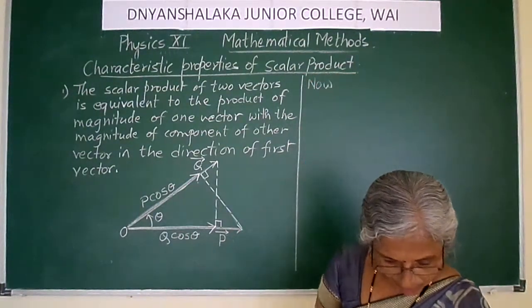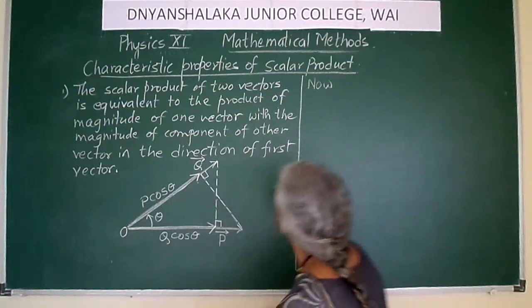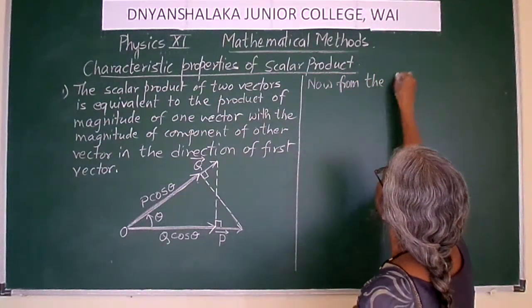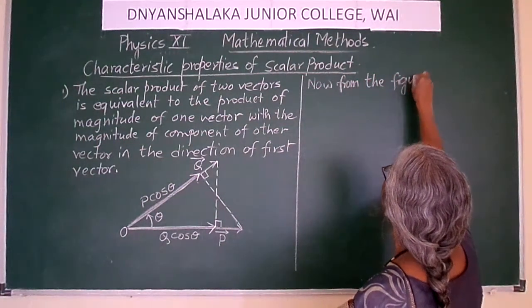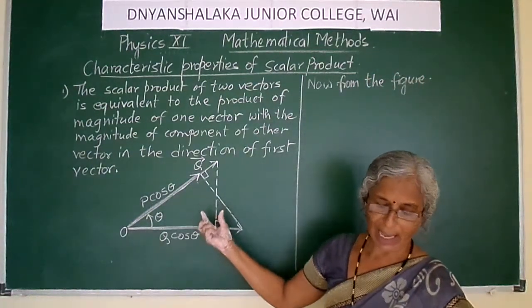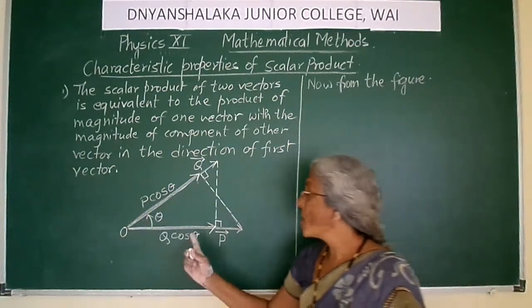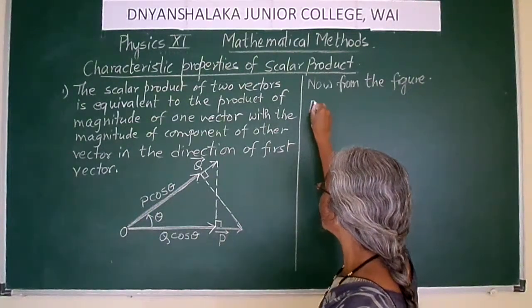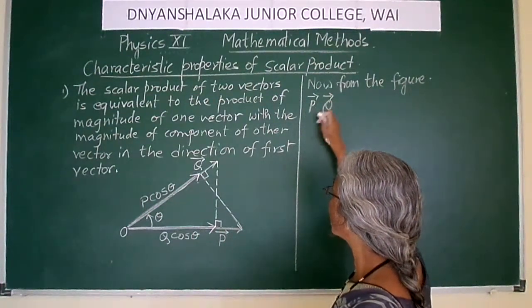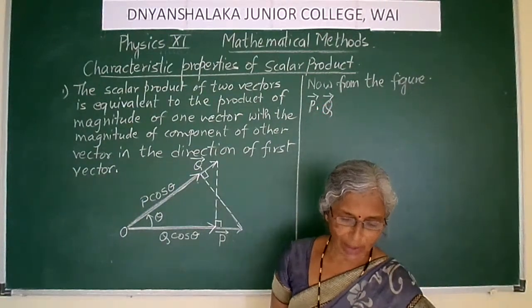Now, what do I get from this figure? Vector P dot vector Q. What am I doing?